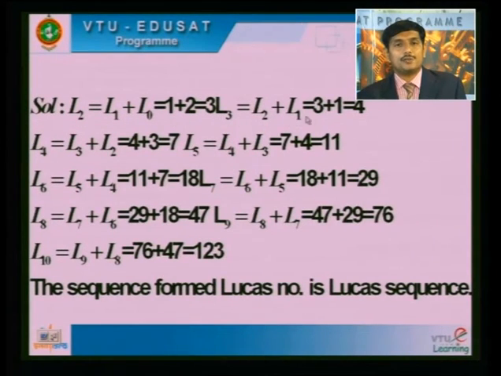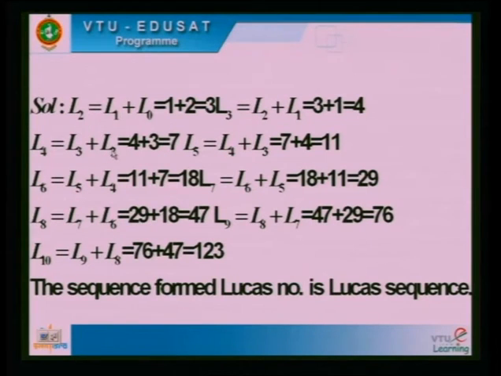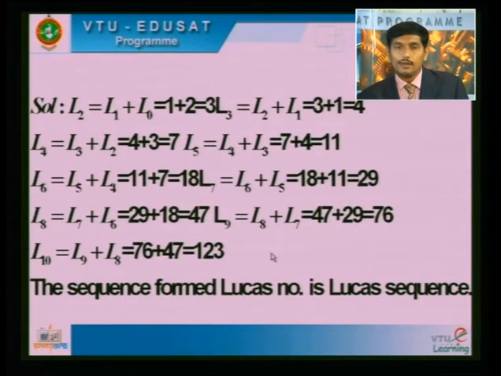Similarly, L3 is L2 plus L1, you get 4. L4 is L3 plus L2, you get 7, L5 equals 11, L6 equals 18, L7 is equal to 29, L8 equals 47 and L9 equals 76, etc.